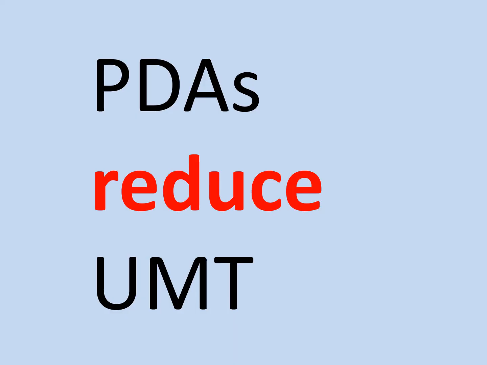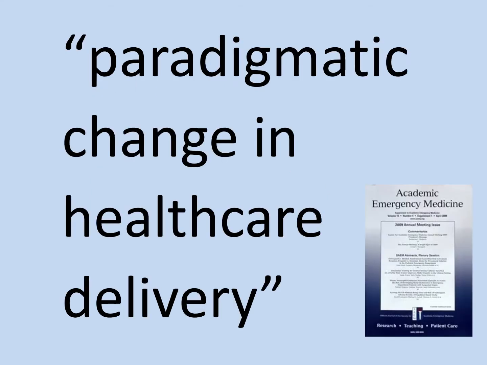They reduce unwanted medical treatment. So it's been described as a paradigmatic change in healthcare delivery, which is a really strong statement, but the evidence really sort of supports this, which is we're actually making sure that the treatment we're giving to patients is treatment that those patients really would want.